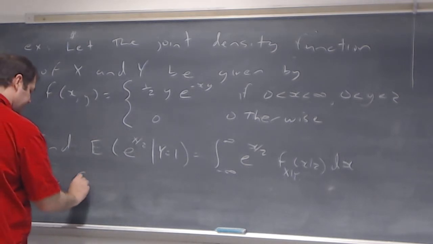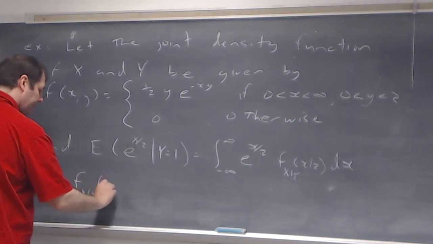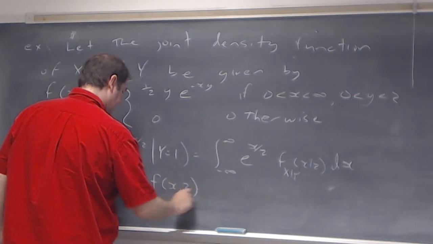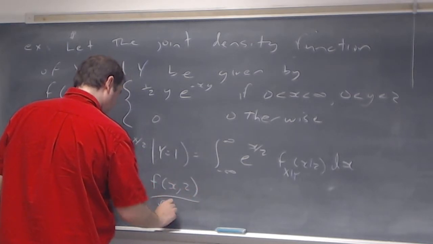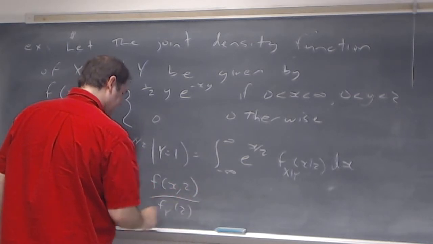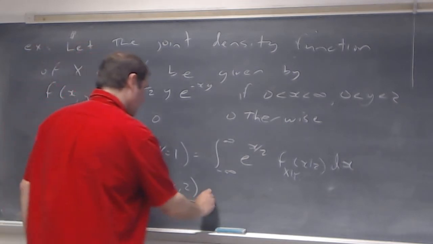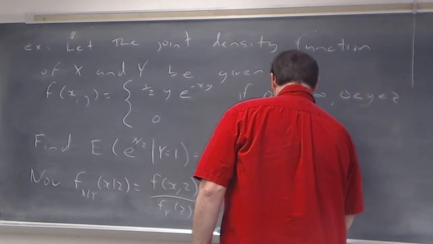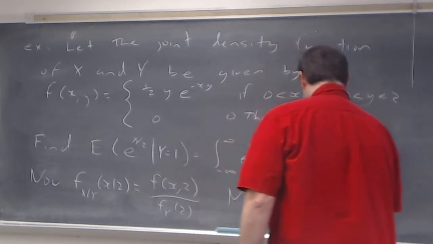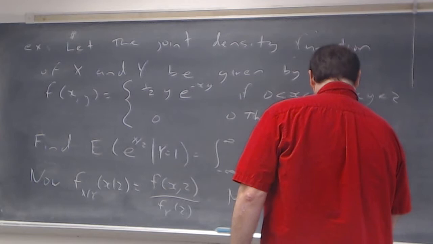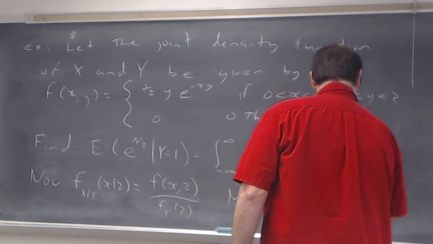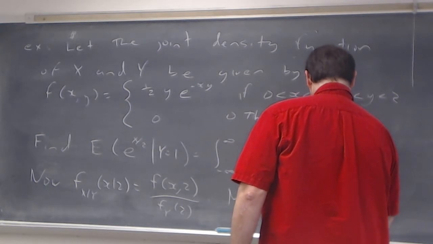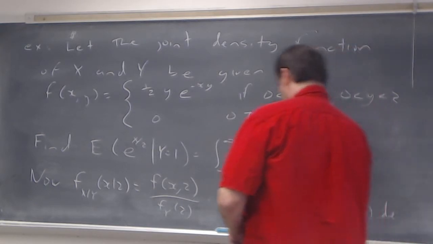What was its definition? Well, it's equal to the joint evaluated at x, 2 over the PDF of y evaluated at 2. Now, f sub y of 2, that's going to be equal to an integral of the joint dx, evaluated at 2.